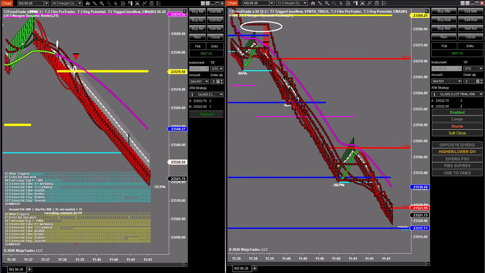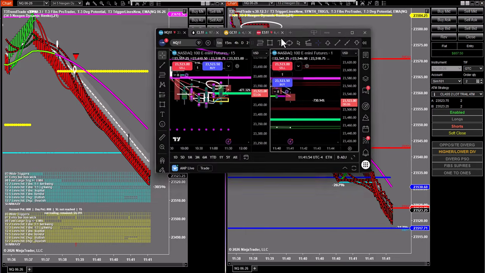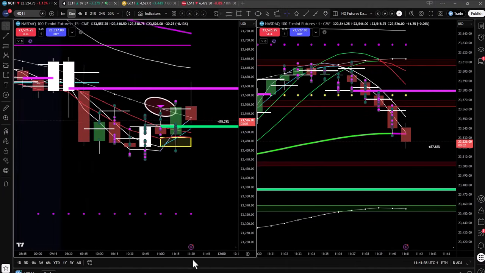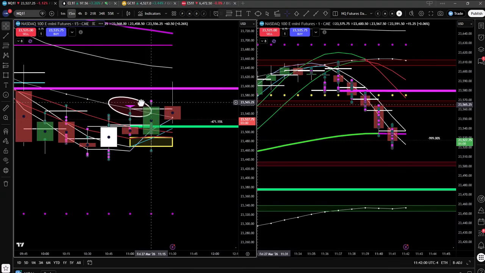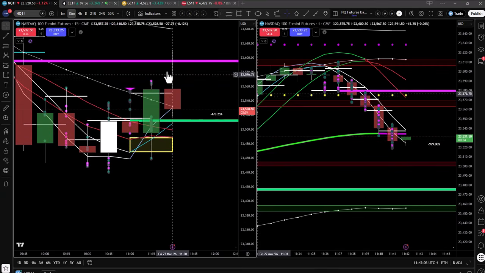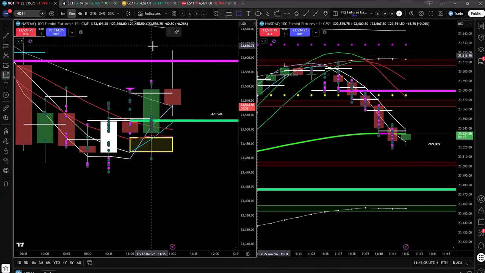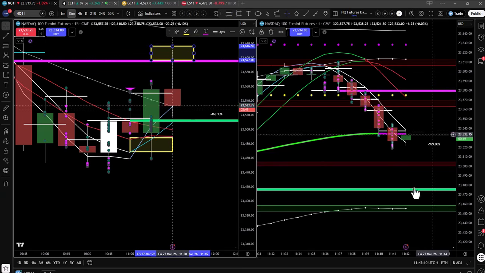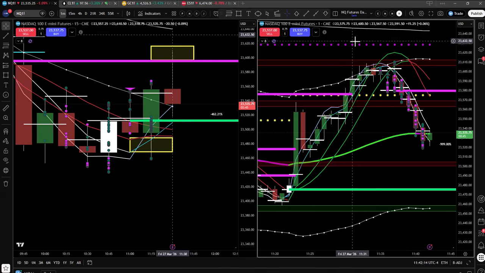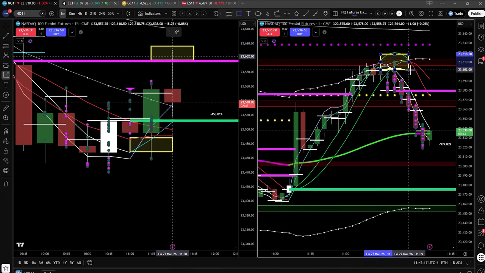I mean, if I pull up the user guide and say, hey, look at this, I'll be interested. I always do this because it's fun. When we were looking at that top being put in first, it just so happened to be from an HVA line on a 15-minute chart. And it just so happened to roll over from a zone on the 1-minute chart.